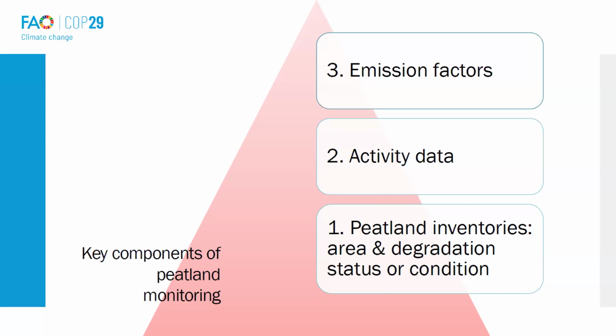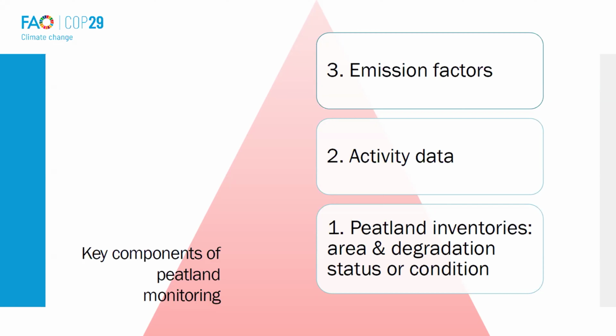So indeed, one important difference to forest area are the peatland inventories, similar to forest maps, but you need to look there very much the degradation status or condition of the peatland. You have to have, for example, soil sampling to be sure that this area is a peatland, and also see if the water has been drained and therefore the peatland is degrading and causing emissions.